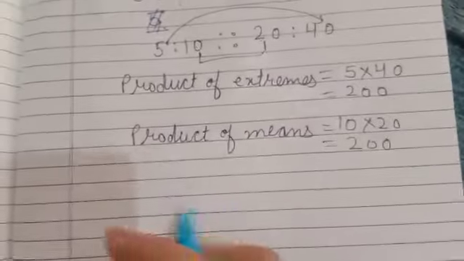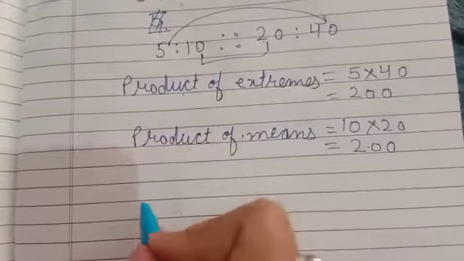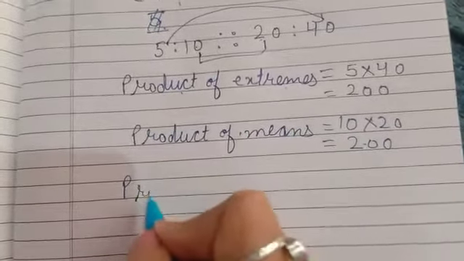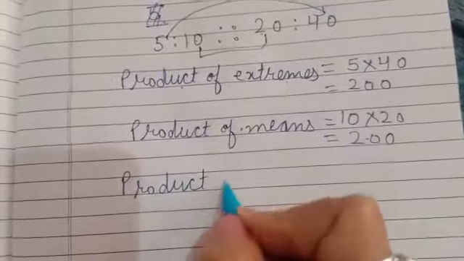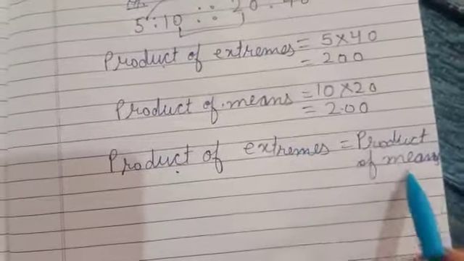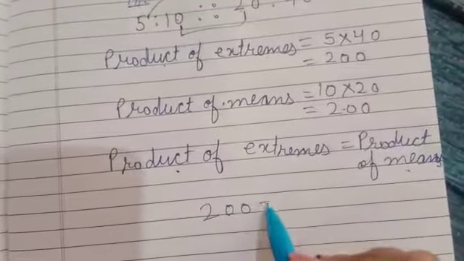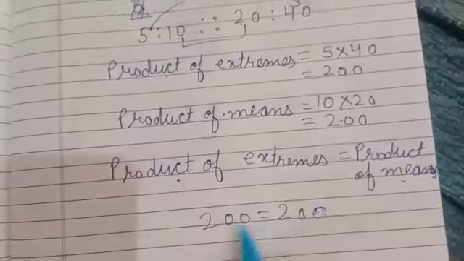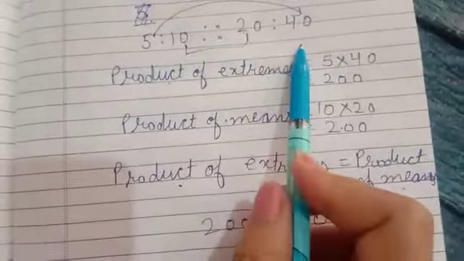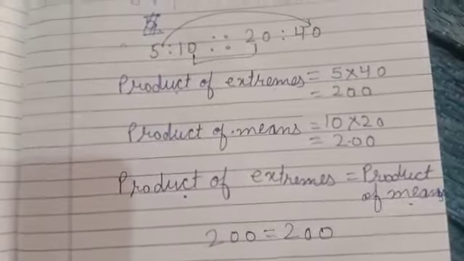From here you can see that product of extremes is equal to product of means. If the product of extremes is equal to product of means, then we will say that both are in proportion. So we can say that these are in proportion. So in this way beta, we can solve the sums of proportion.